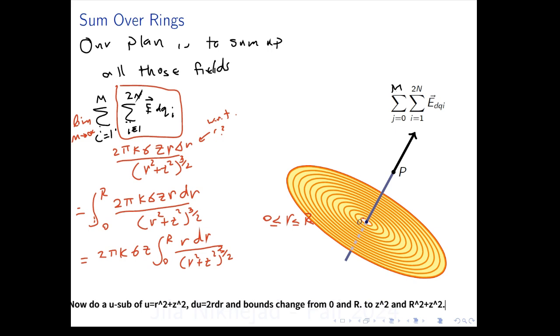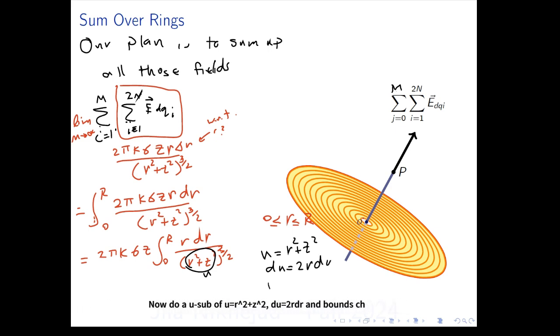Then we do a u substitution, u equal to little r squared plus z squared. Du is going to be 2r dr, little r's. Bounds change from 0 and capital R to z squared and z squared plus capital R squared.